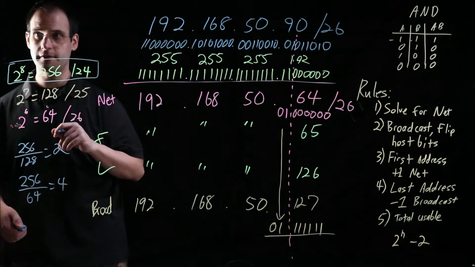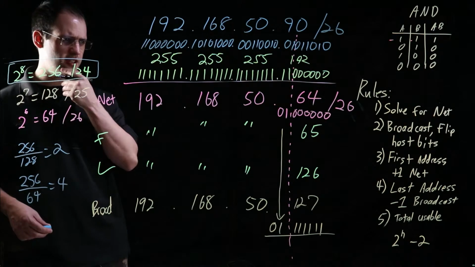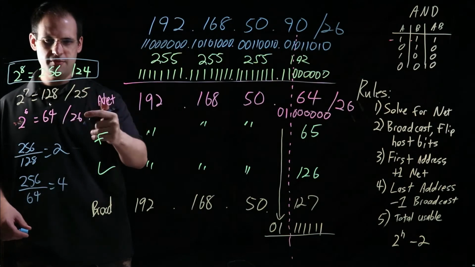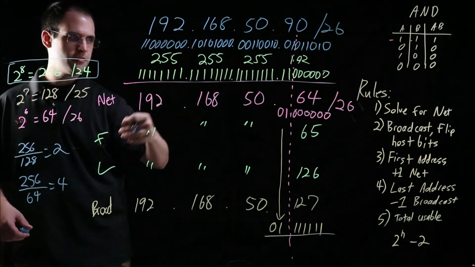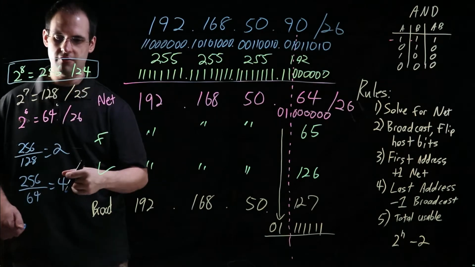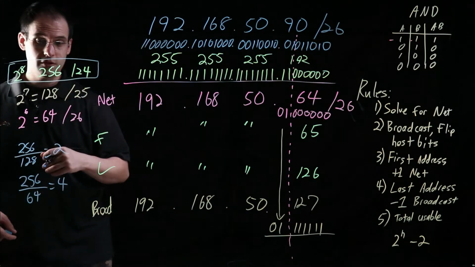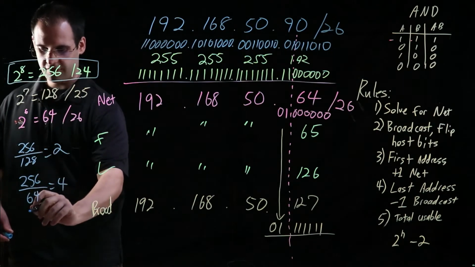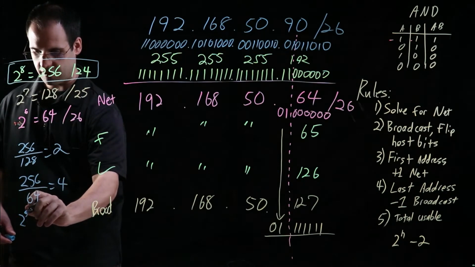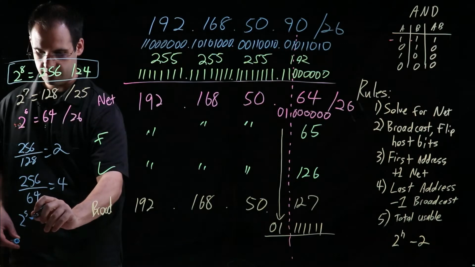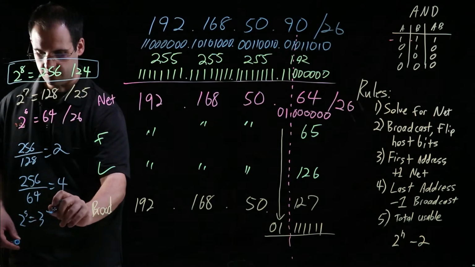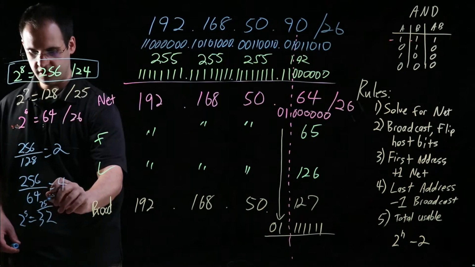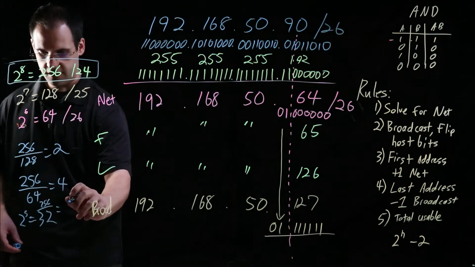Now that's interesting. You can start to see this pattern where every time we grab a bit away from the host and give it to the network, let's say we have 2 raised to the 5th, we grab another one, /27. That's 32, and 256 divided by 32 is 8 networks.